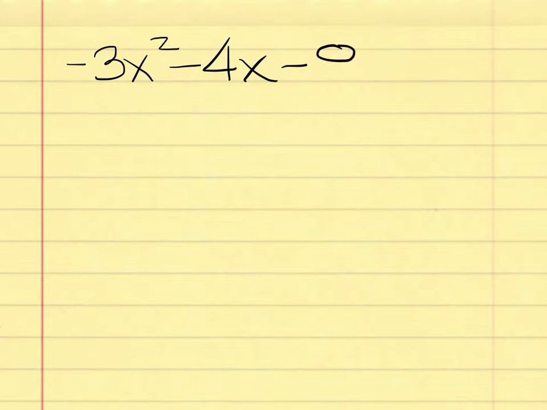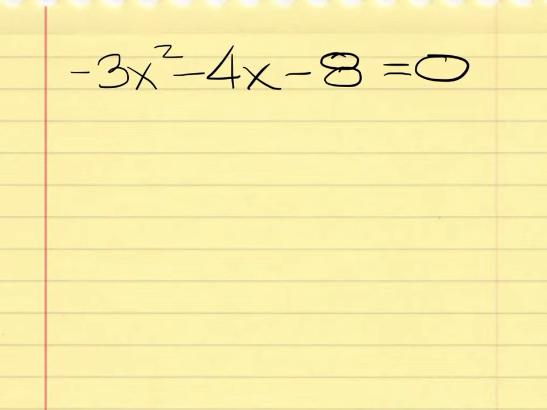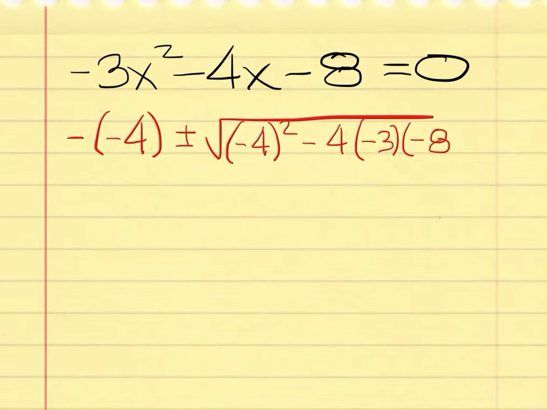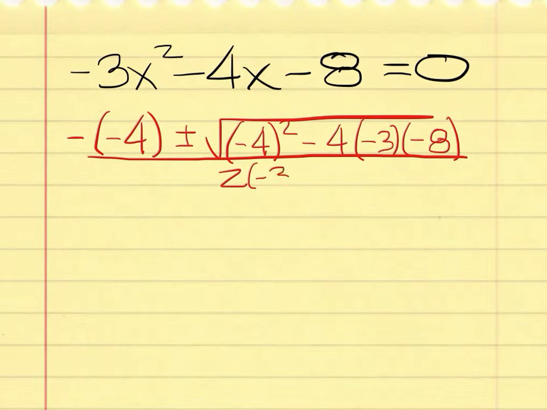This one is negative 3x squared minus 4x minus 8 equals 0. The solution for this problem is negative 4 plus or minus the square root of the quantity squared of negative 4 minus 4 times negative 3 times negative 8 over 2 times negative 3.